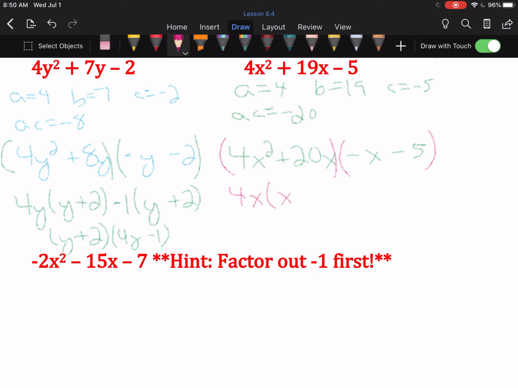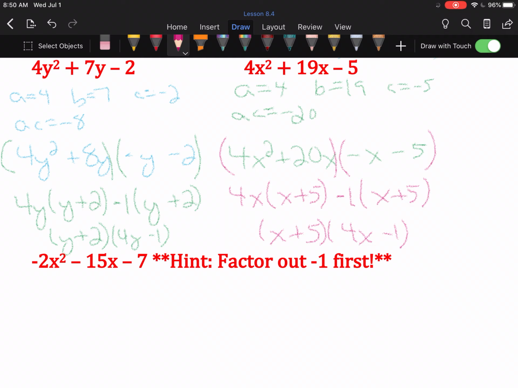That would leave me with x plus 5. And again, as I look here, what I'm seeing is x plus 5 and negative x minus 5. Since I need to flip the signs in that second set of parentheses, it's a negative 1 that I will factor out. I take negative 1 away from those, it flips their signs. And we are left with x plus 5 times 4x minus 1.